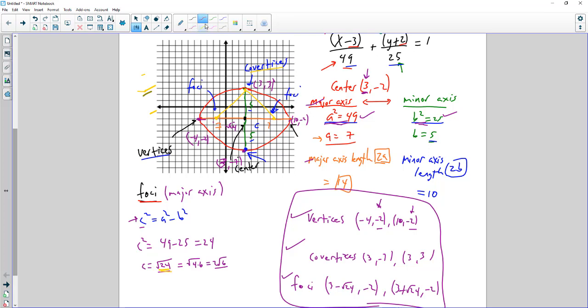But another interesting property here though is that this distance right here is the same thing as the distance here, which is a, from here to here. This length and this length are the same, as it turns out. They're congruent.